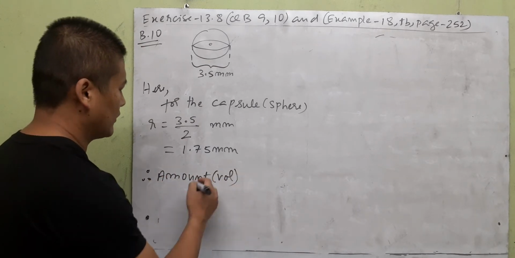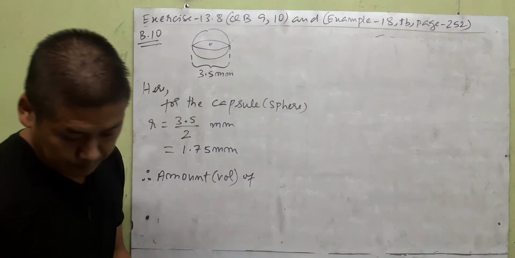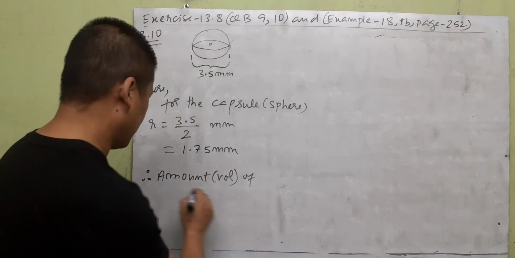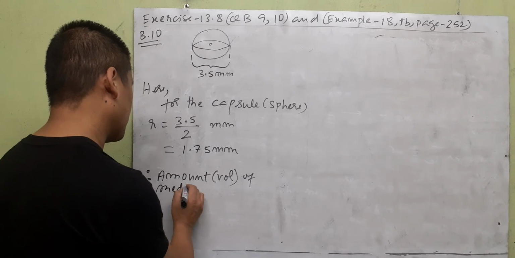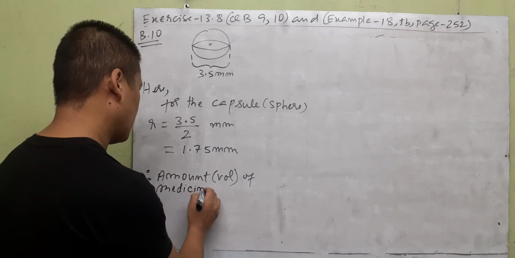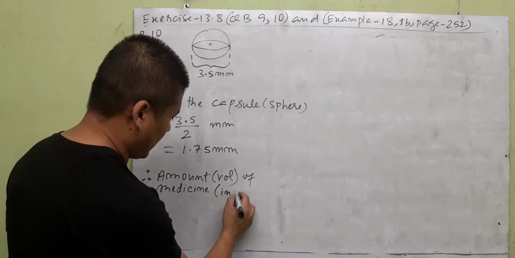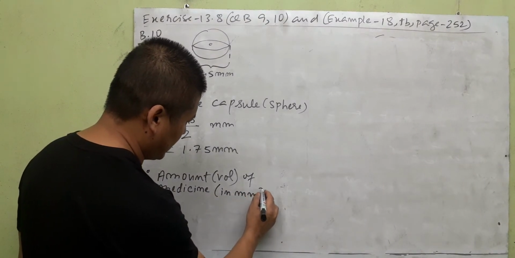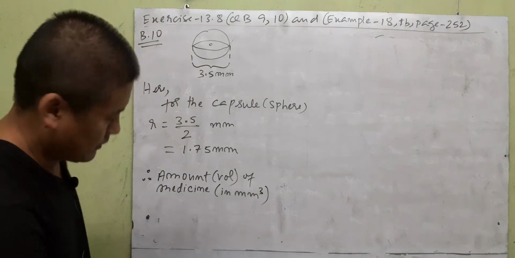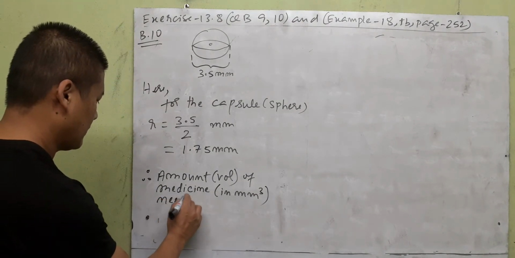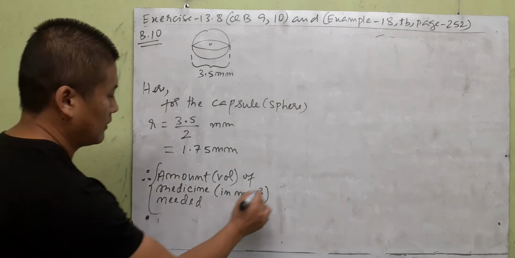In bracket you can mention volume of medicine, means liquid, okay? Medicine liquid is put inside the ball capsule. They're asking us to give the volume in millimeter cube needed to fill one sphere.